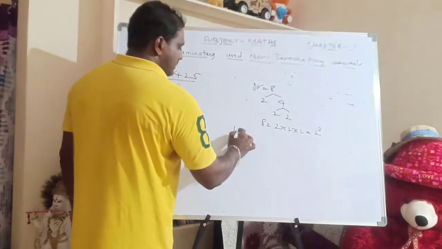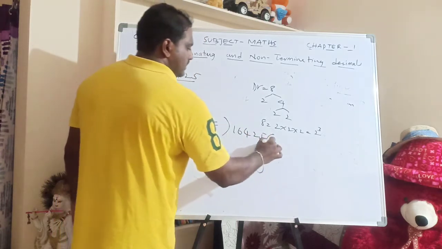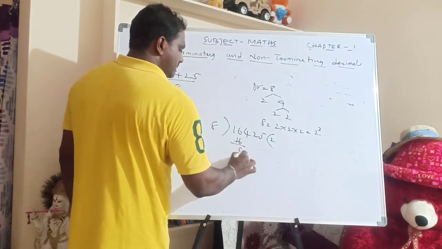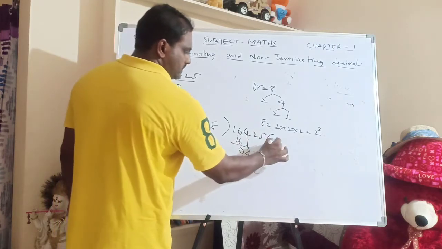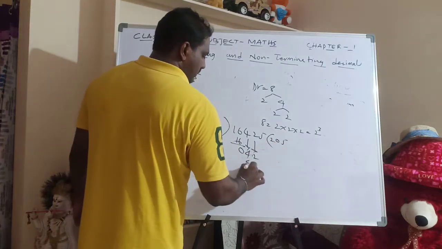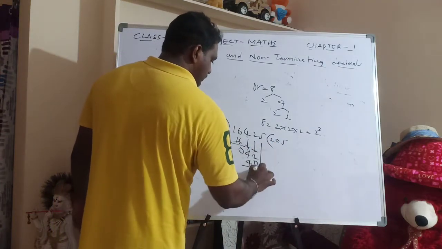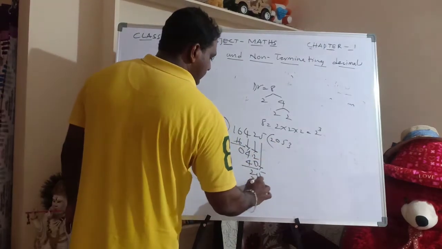You can check it. 8 table. 8 2s are 16. Remainder 0, 4. So 4 is not sufficient, then I will take the next digit 2. 8 5s are 40. Remainder is 2. Then 5. 8 3s are 24.